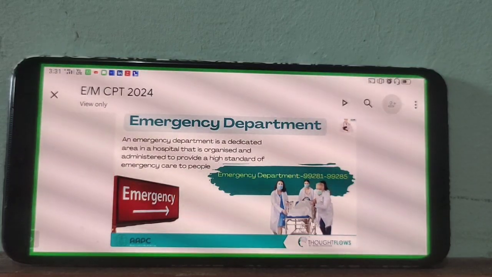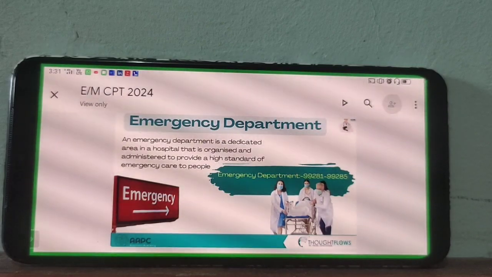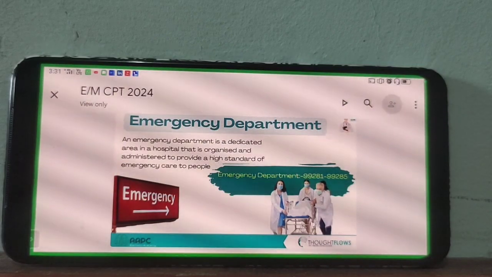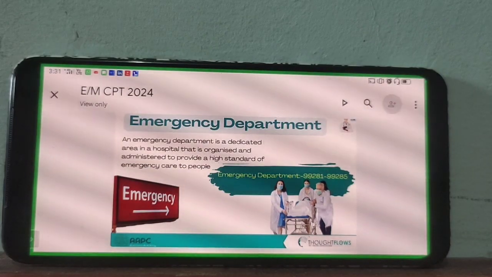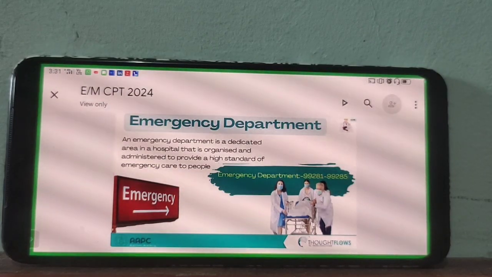Suppose a patient is admitted into the ED department, we have to fetch the code from ED. It should not be considered a hospital admission.